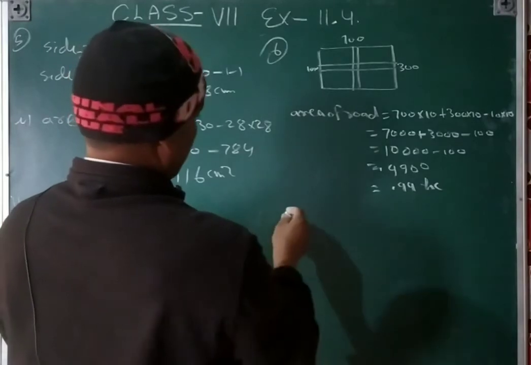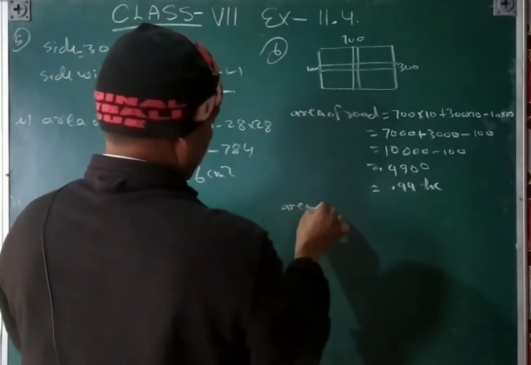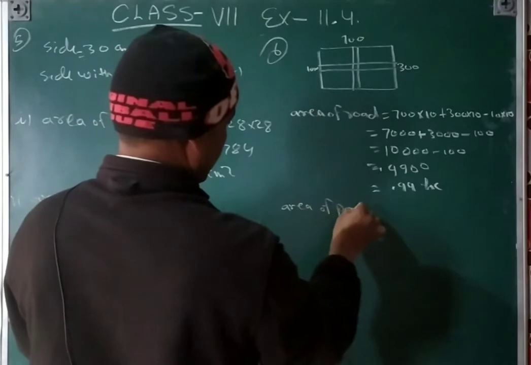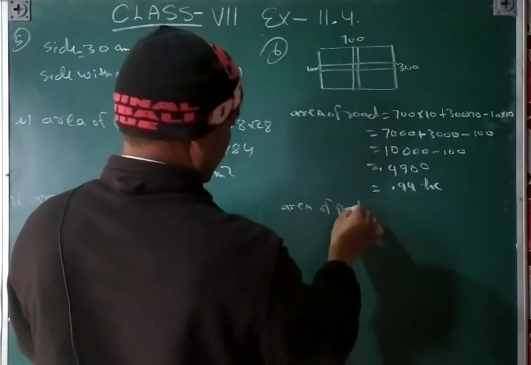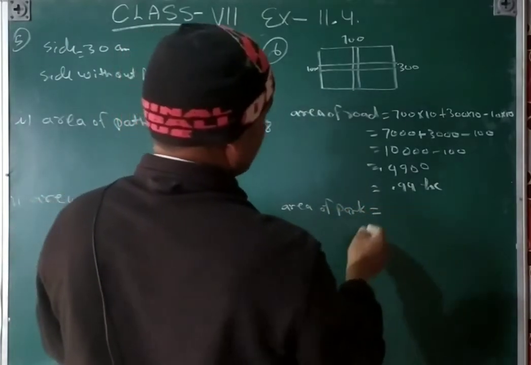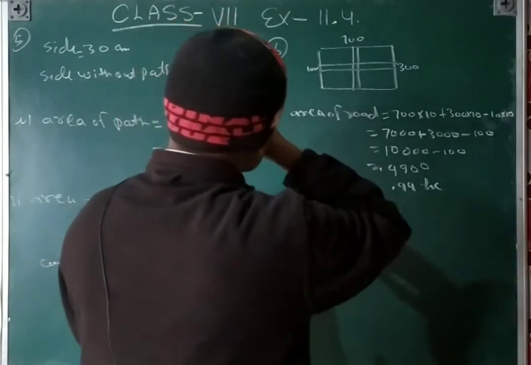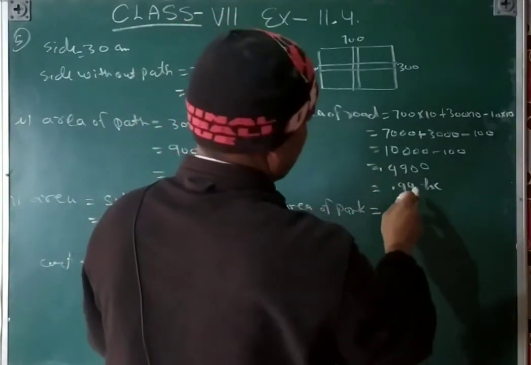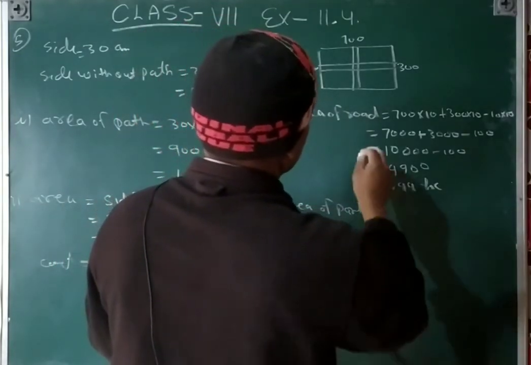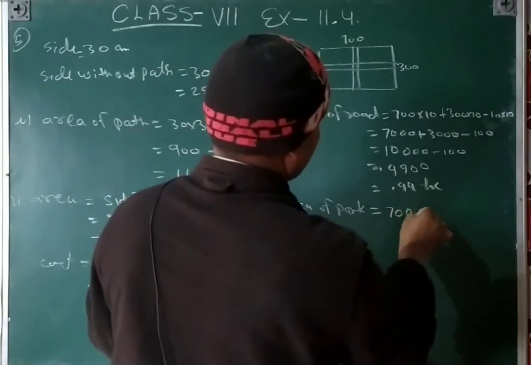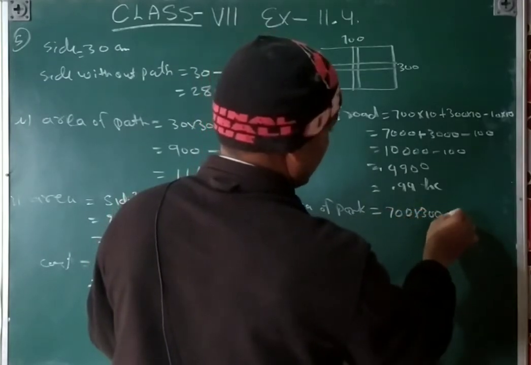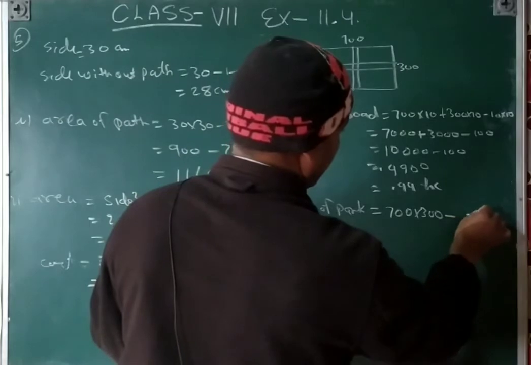So the area of park is equal to, this area will be subtracted. So area of park is 700 into 300 minus 0.99.